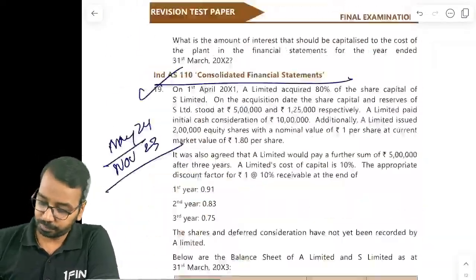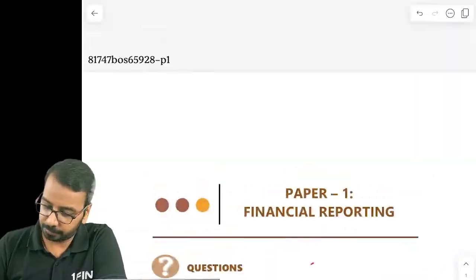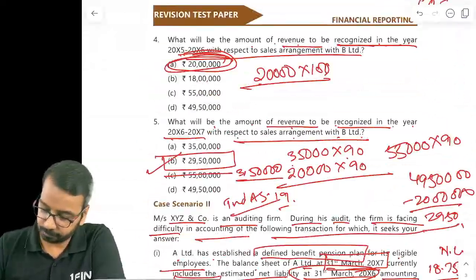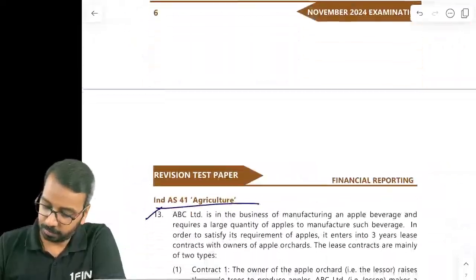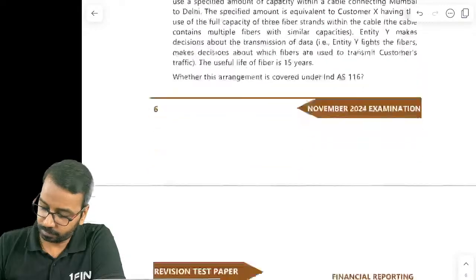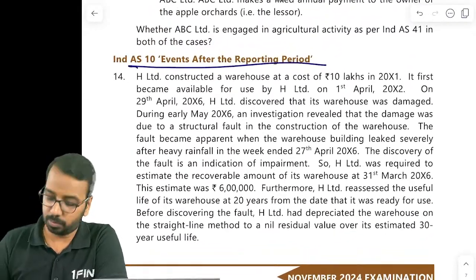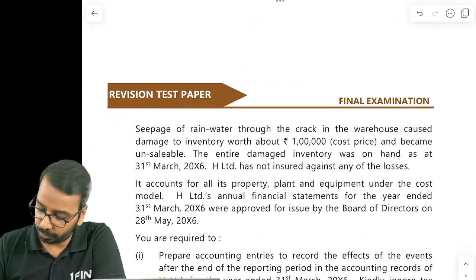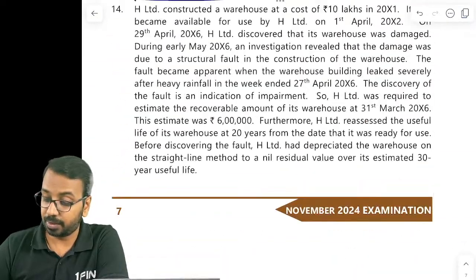Right. Now, there's one more question on Ind AS 10, which is events occurring after the balance sheet date, and there is a component of aspects regarding what will happen and whether there is impairment and all.